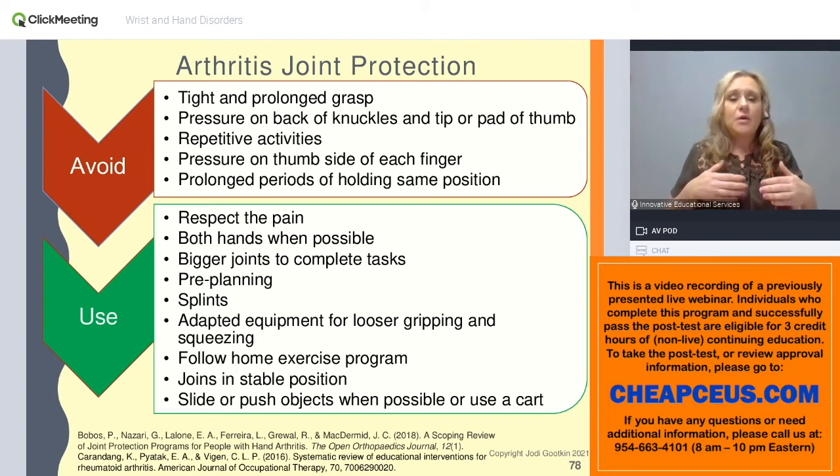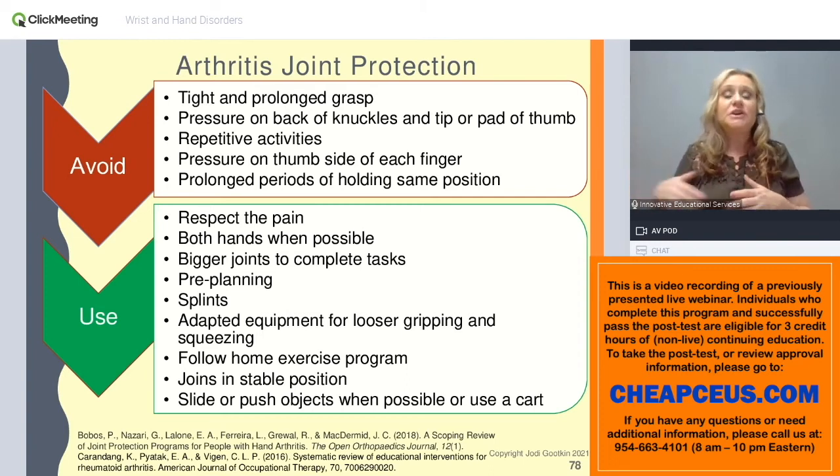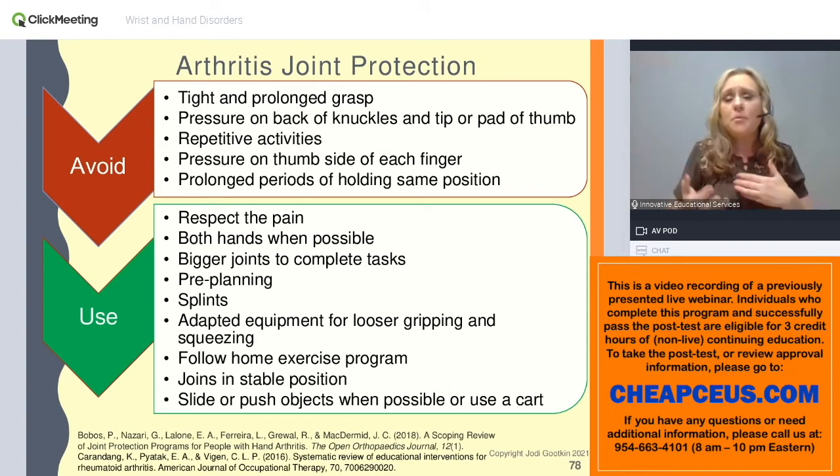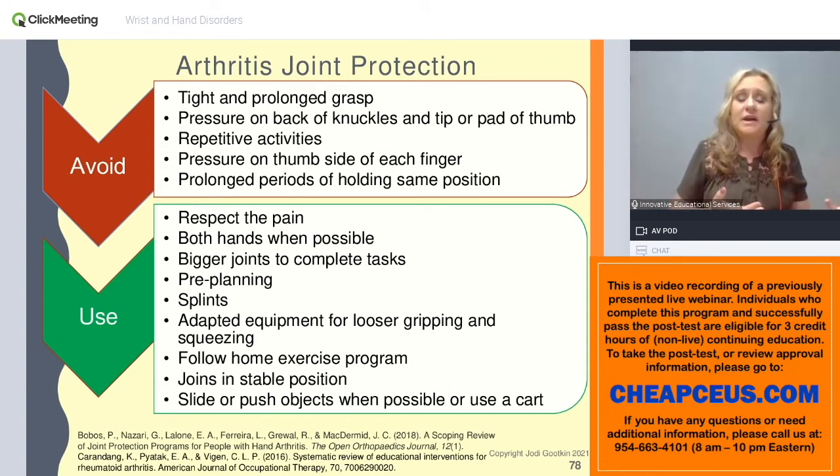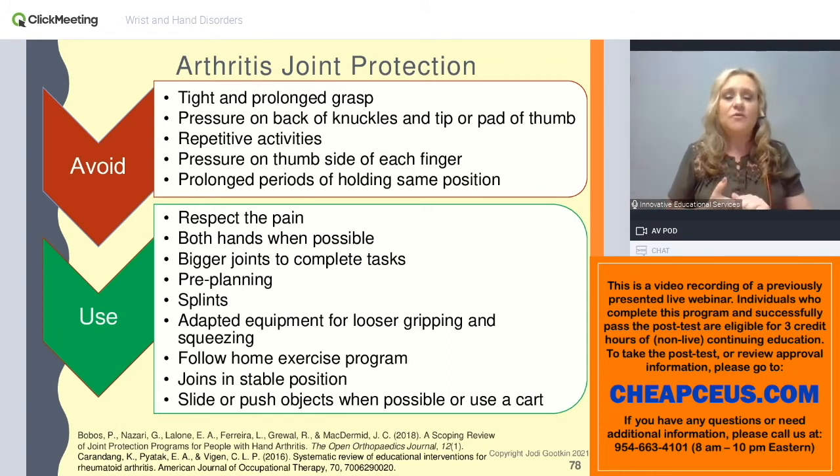They were better armed with the information to make good decisions, to improve their function, decrease their pain, and to become more problem solvers when they have this arthritis, versus more of a do's and don'ts perspective.